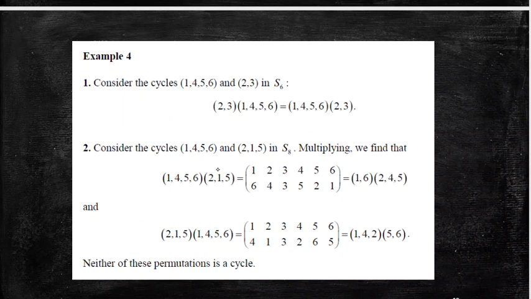If we multiply these joint cycles, we start on the left-hand side, which is (2 1 5), and then multiply with (1 4 5 6). We will obtain (1 4 2), and the second cycle is (5 6). Neither is this permutation a cycle.